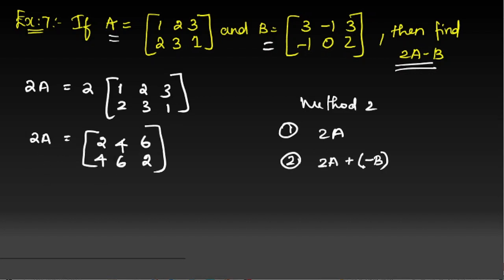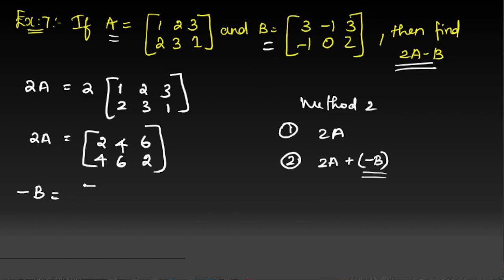Next, I told you to find 2A plus minus B. That means first you have to find minus B. We already studied the negative of a matrix in our introduction part. Negative of A means you have to change the sign. So you have the B matrix here.